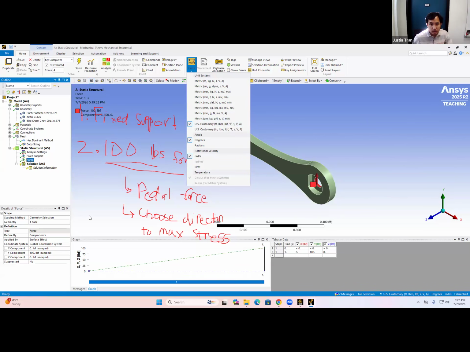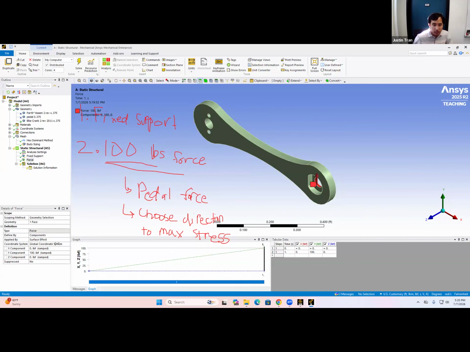You can see here that I've applied the force in the y direction. By default, any force or pressure is defined by a vector, but generally I like to apply things in terms of components. That gives us the most freedom and flexibility in terms of direction.